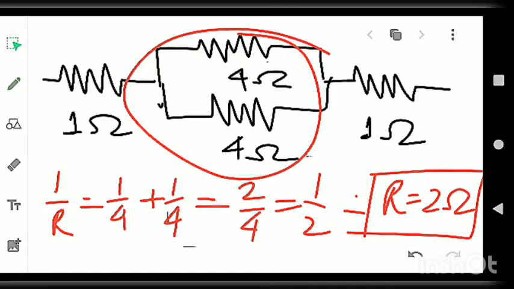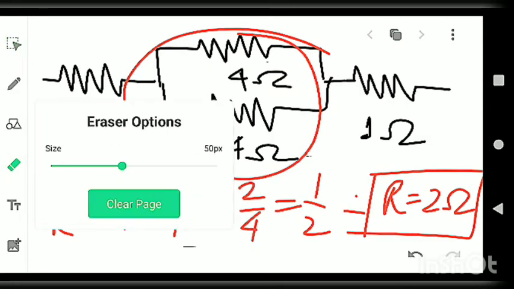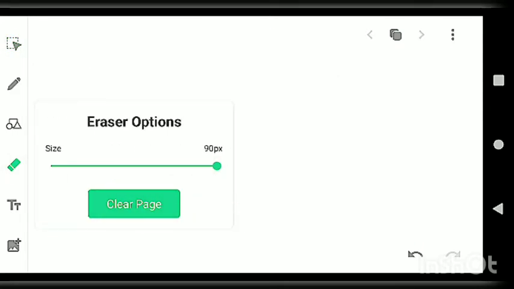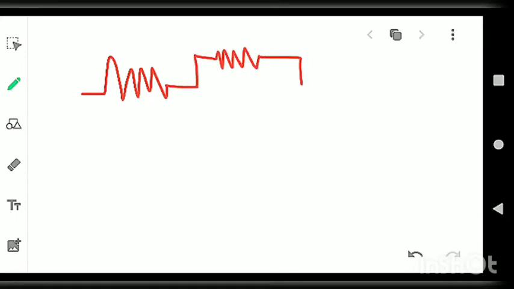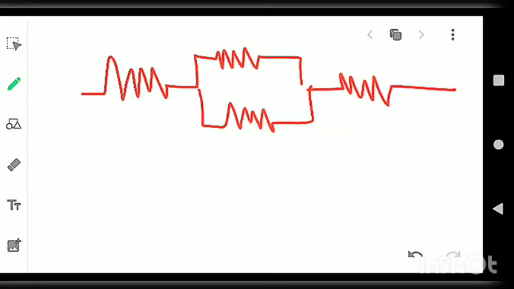Clear? So we got 2 ohms from here. So you can now think the whole circuit is reduced to this. It was like this. Now instead of the two 4 ohms kept in parallel, we now have a 2 ohm resistance in series.